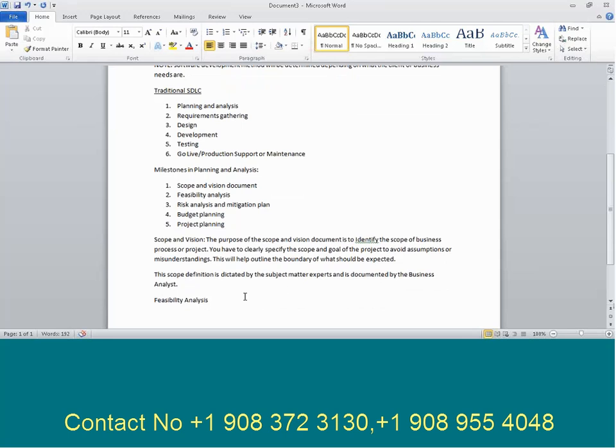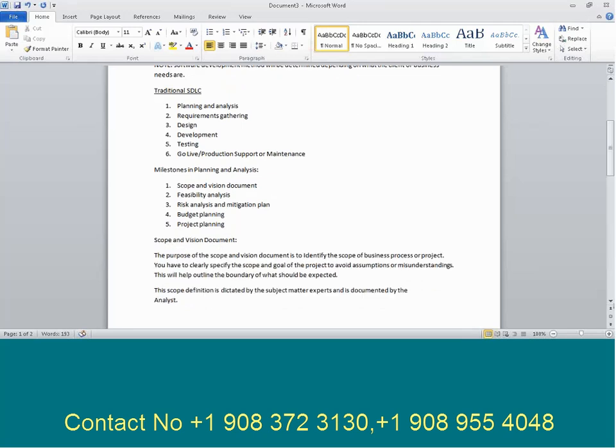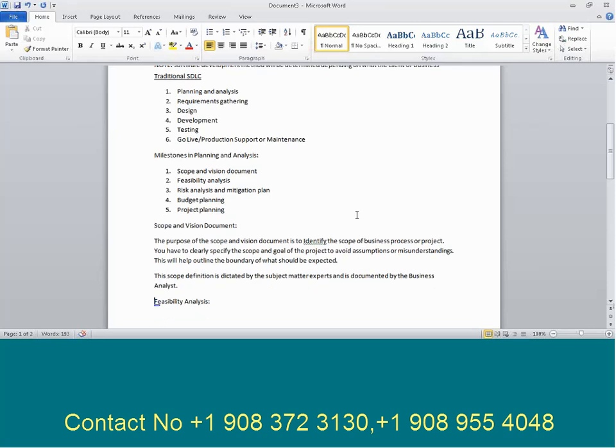I'm going to discuss a lot of milestones and artifacts in the session. Now, how do you document? If you're a BA, how do you document? Where do you document? Is there a format? The answer is yes. Every client will have their own set of documentation standards. For example, as a business analyst, I have to document a business requirement document, a scope and vision. My job is to document.